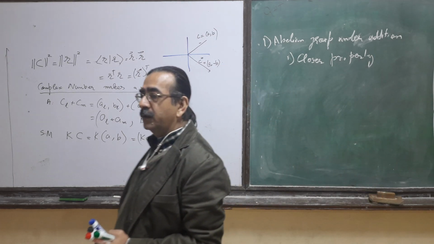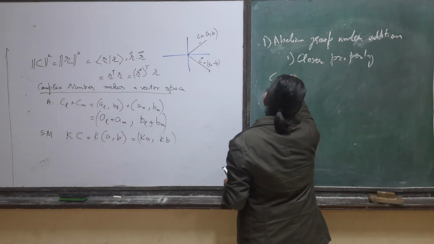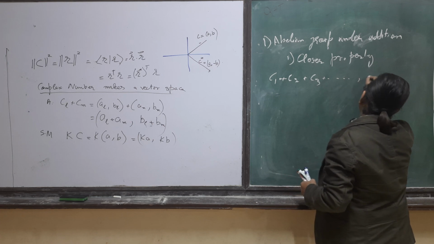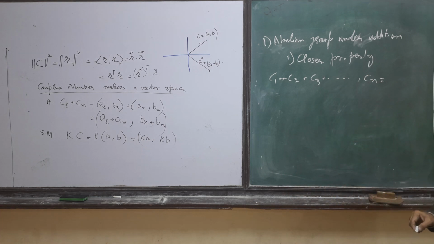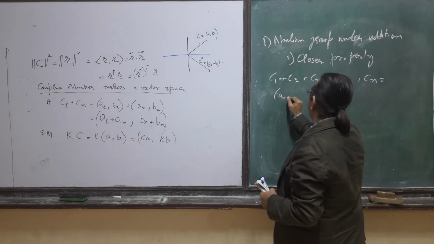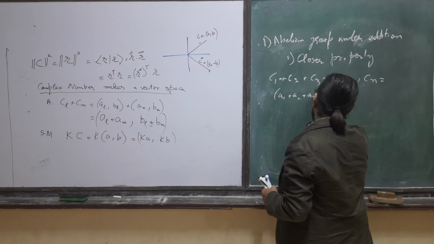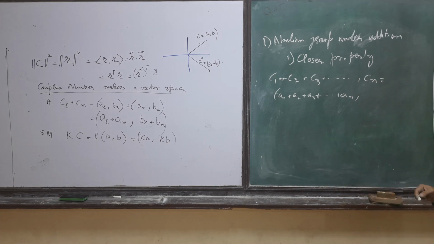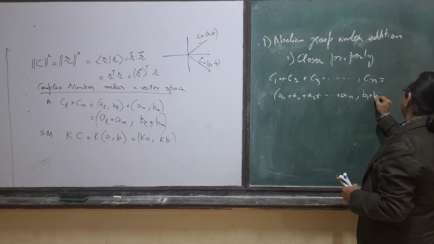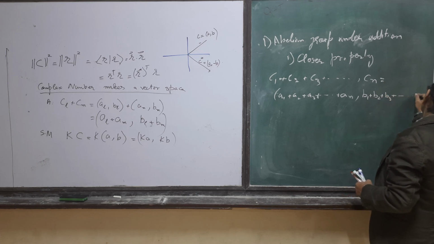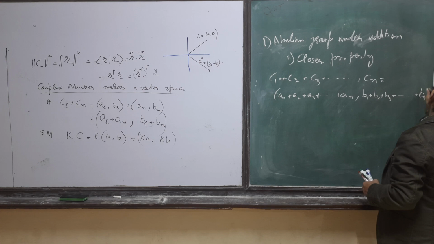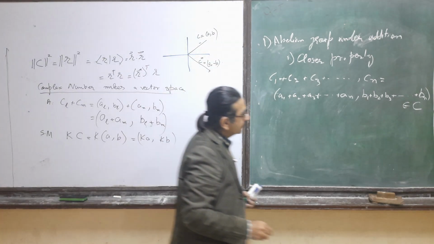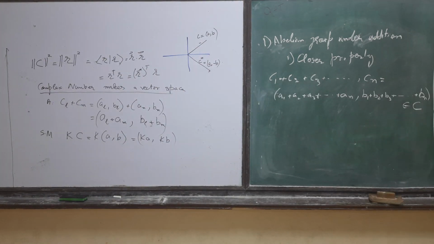If you have C1 plus C2 plus C3 up to Cn, this will be equal to (A1 plus A2 plus A3 plus An, B1 plus B2 plus B3 plus Bn), and this will be an element of C. So the closure property holds.